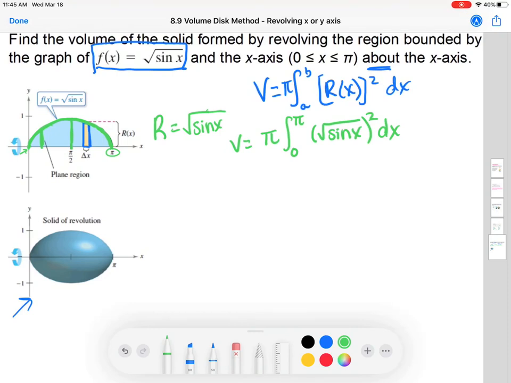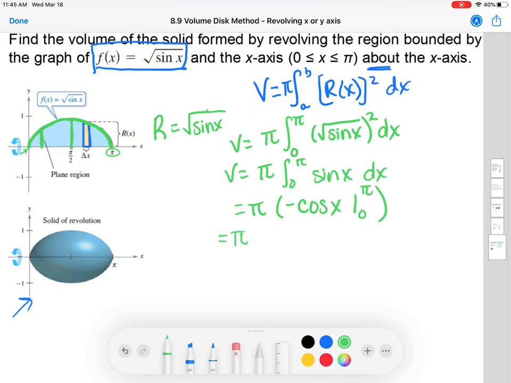Okay, this is a fairly easy integral to do on our own, so let's just practice that. The square root of sine x squared is just sine x. And you can all integrate sine x very easily. That integral is negative cosine x, evaluated from 0 to pi.